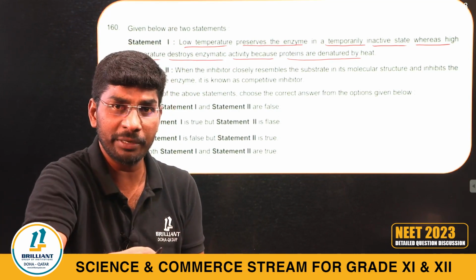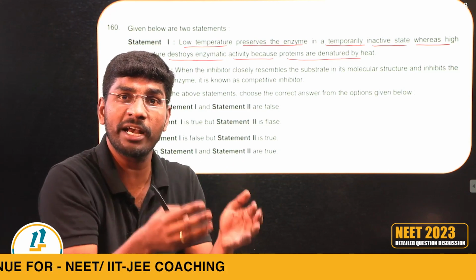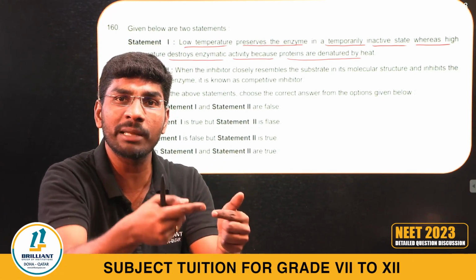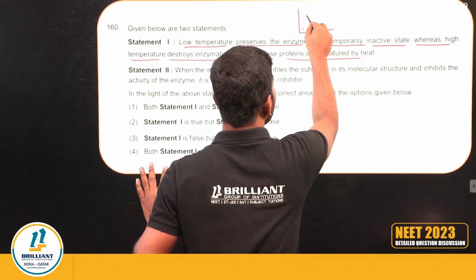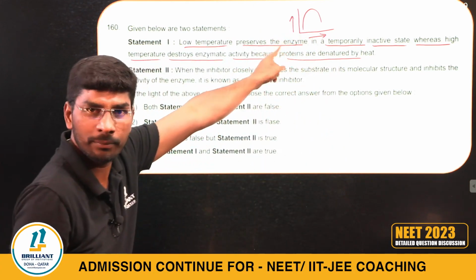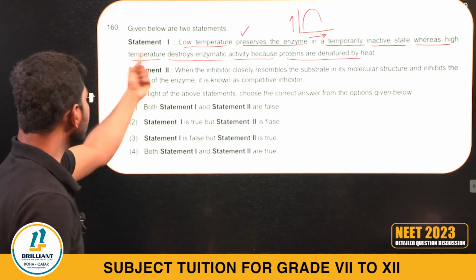Beyond the optimum temperature, enzyme activity decreases because enzymes are made up of proteins, and proteins are degraded. That's why we draw this graph of temperature versus enzyme activity. So statement 1 is absolutely correct.